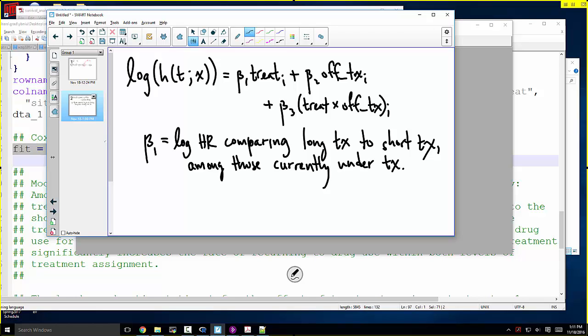Because beta 1 is the coefficient for treatment only if off treatment is 0. By putting in an interaction, we're allowing for there to be a long to short effect that depends on whether or not you're currently under treatment. Beta 1 is the log hazard ratio comparing long to short among those for whom off treatment equals 0.